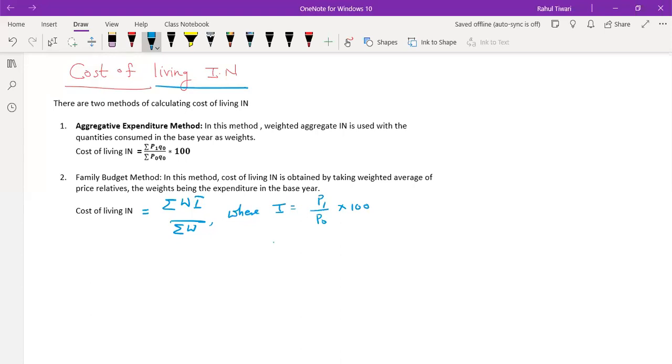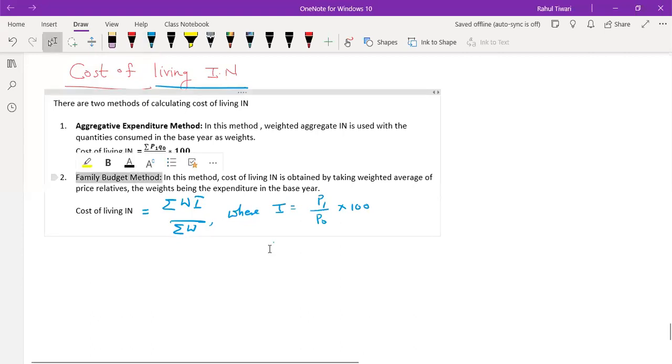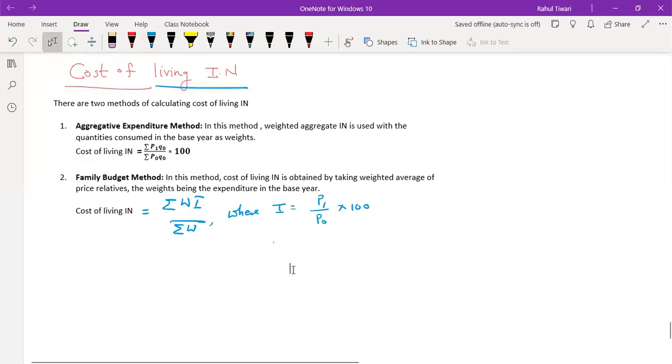So you can just go through these two methods. They are similar methods which you have already gone through. There is nothing new, only the naming is different.